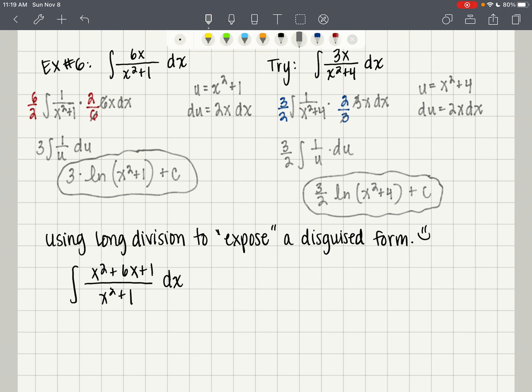So hopefully you got that answer, 3/2 times the natural log of x squared plus 4 plus c. Again, no need for the absolute value because the plus 4 will keep that x squared positive.